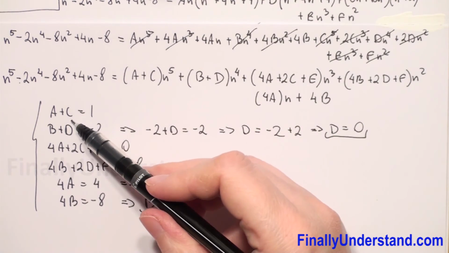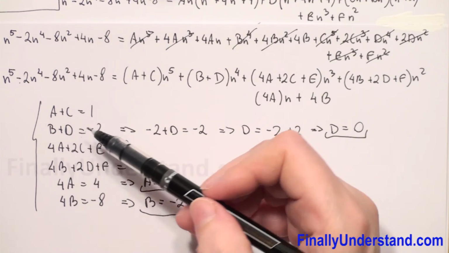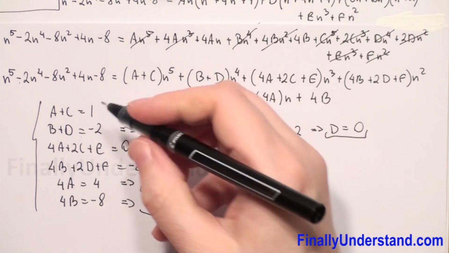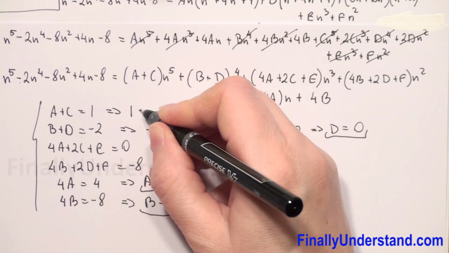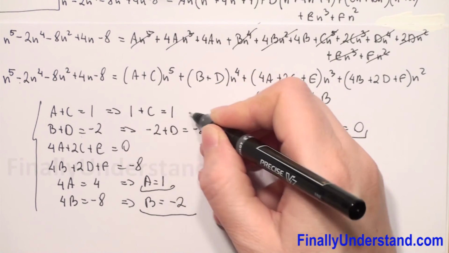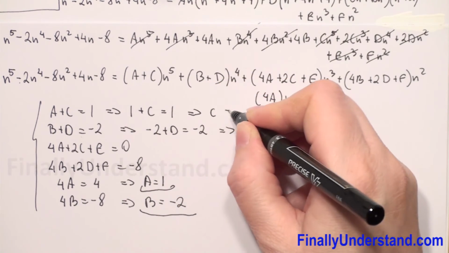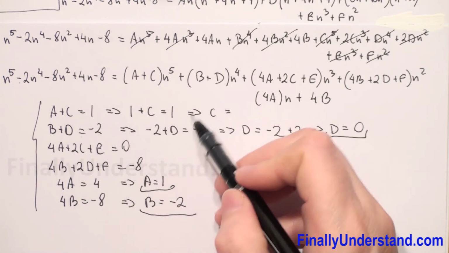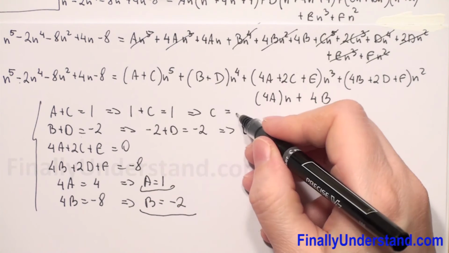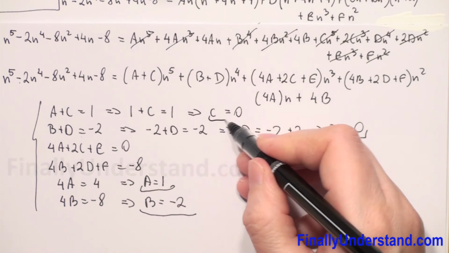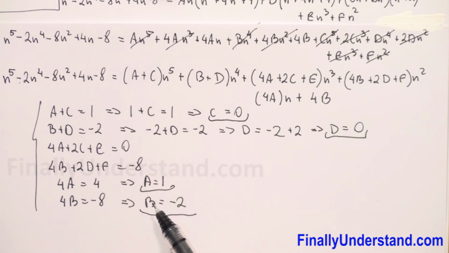And from the first equation we can find c, because we have a, 1. So it will be 1 plus c is equal 1. So we have that c is equal, when I move 1 to the right side, will be 1 minus 1, so this is 0. We have c, d, a, b.